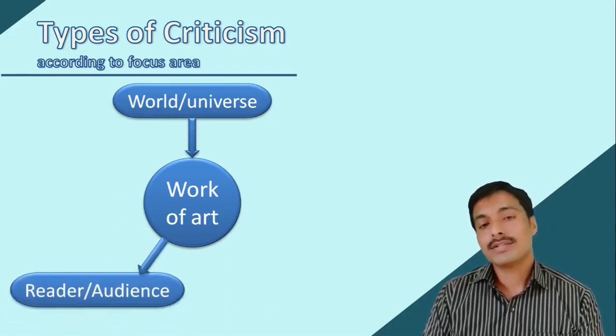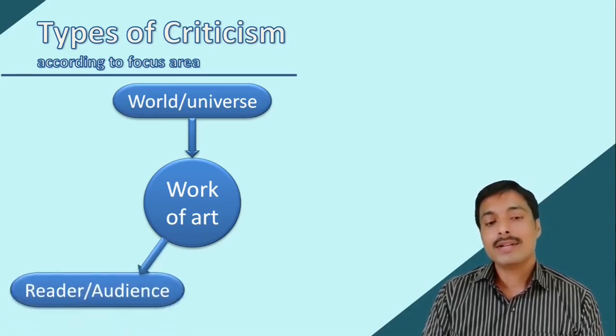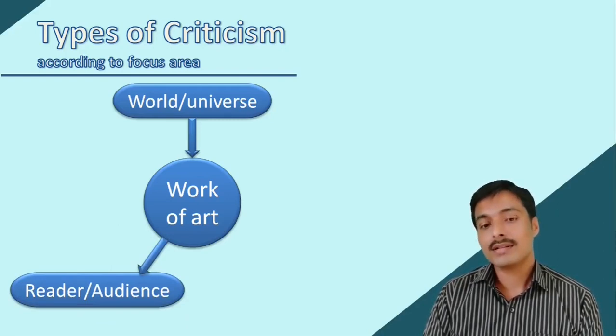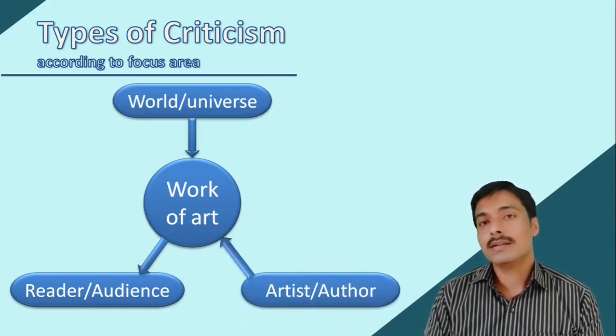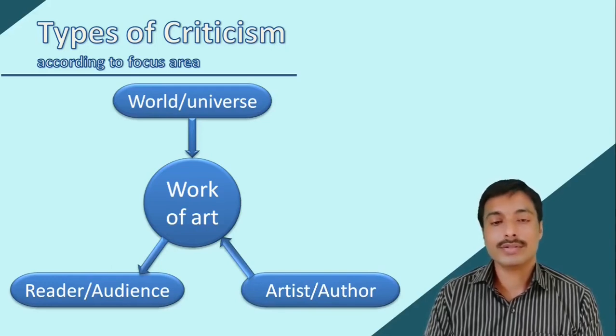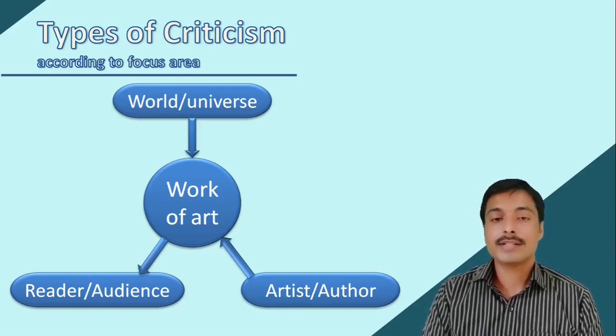So it is reflection of the world or universe. Another area is the reader or the audience, how the reader and audience establishes connection with that work of art. What is the impact of work of art on the audience? And the third one is the artist or the author. So these are the coordinates of criticism.